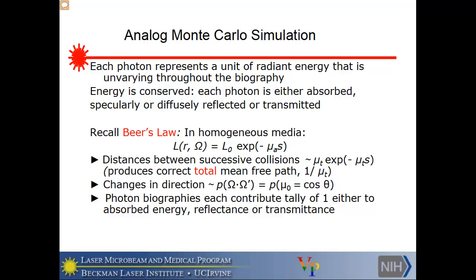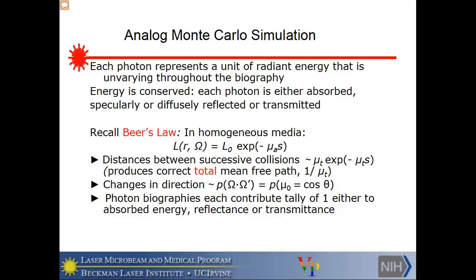And that produces the correct total mean free path, which is the inverse of mu t. If your PDF is a constant times e to the minus the same constant times the variable, the average value is always going to be the inverse of that constant, whatever it may be.